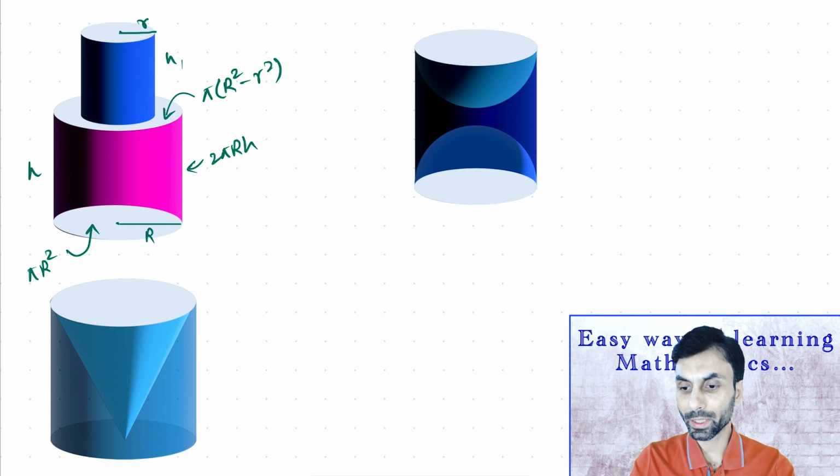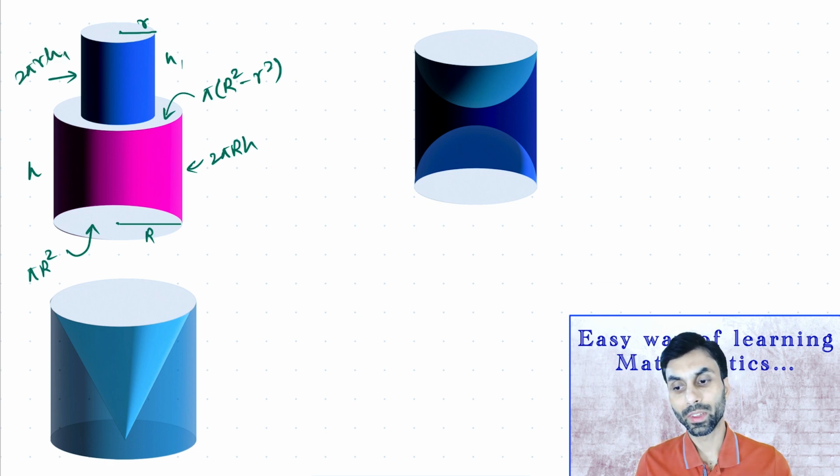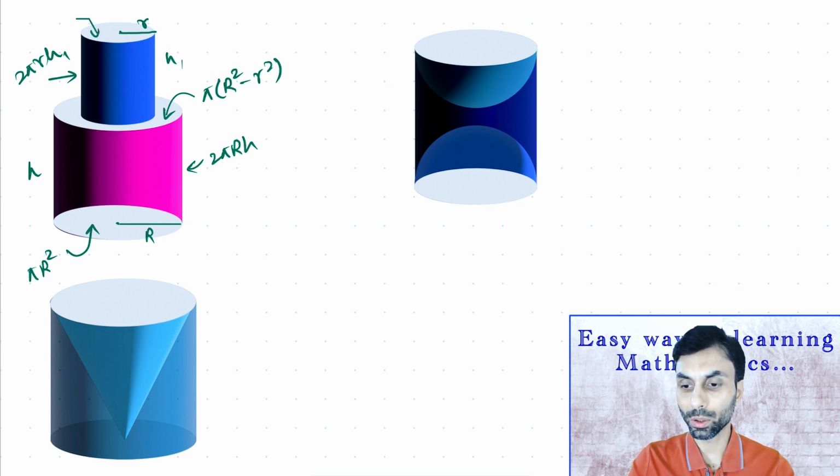Then the curved surface area of the upper cylinder will be 2πRh1, and the area of the top will be πr². So when you have to find the surface area of it, we'll have to add all these areas.